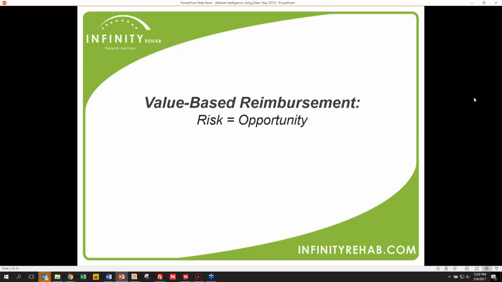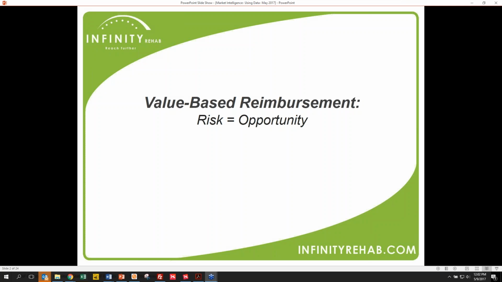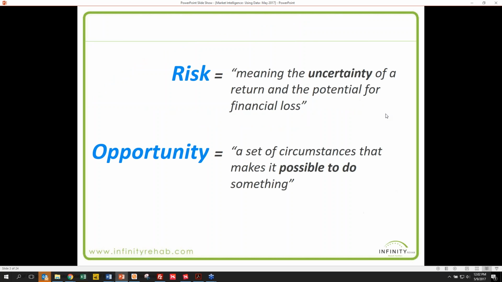So before anything else, when we talk about value-based reimbursement, it's always helpful to define what is risk and what is an opportunity. There are different ways of defining it. What we like to do is say risk is something that's uncertain, meaning you don't know the potential for financial loss or for return.